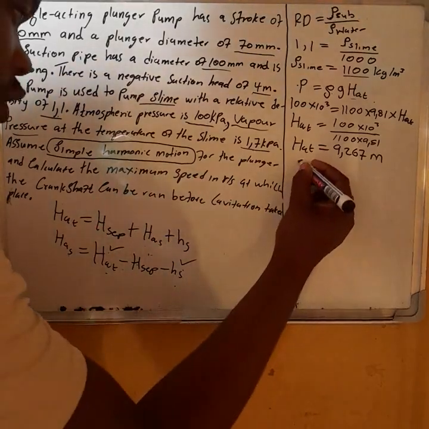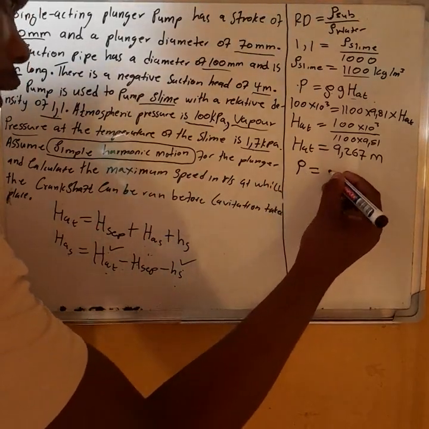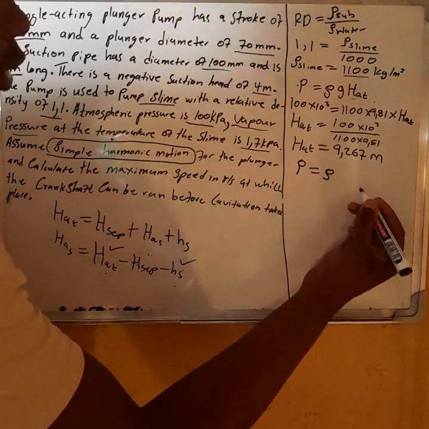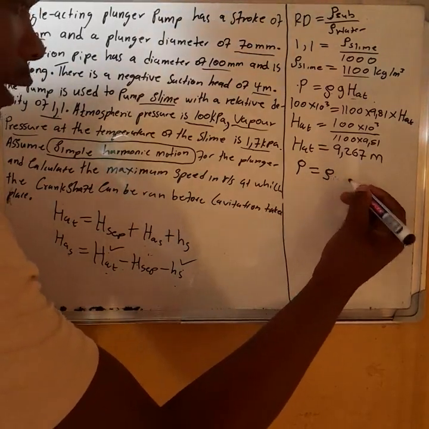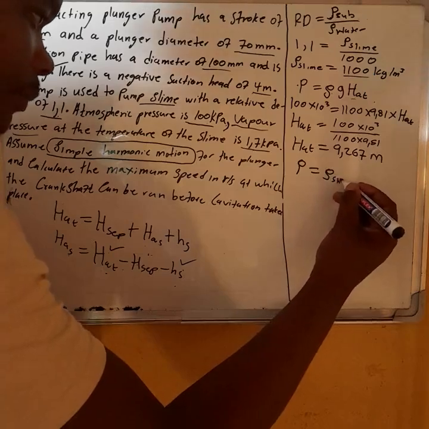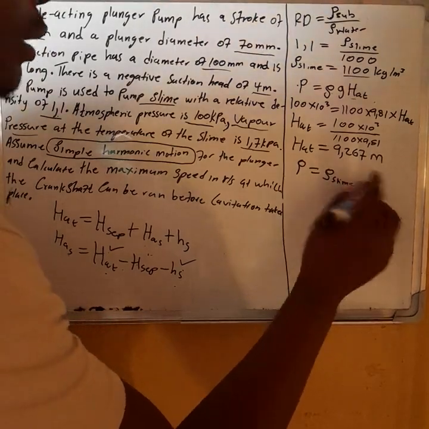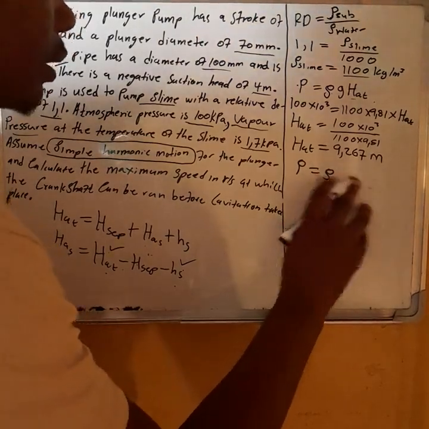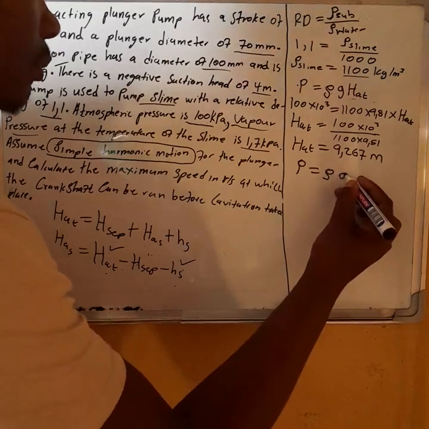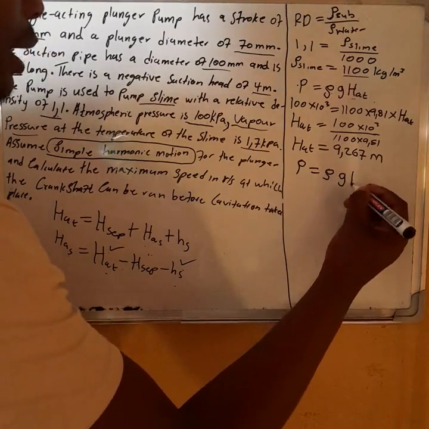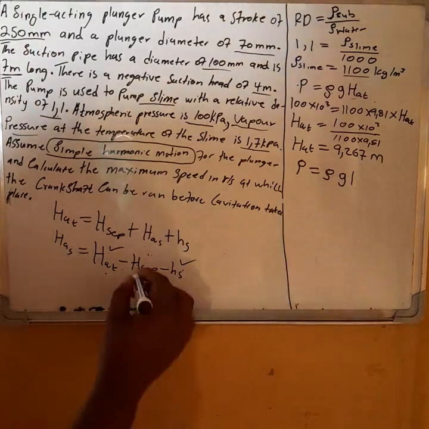We know that pressure is equal to rho, which will be the slime's density, multiplied by gravity, multiplied by H_sep.